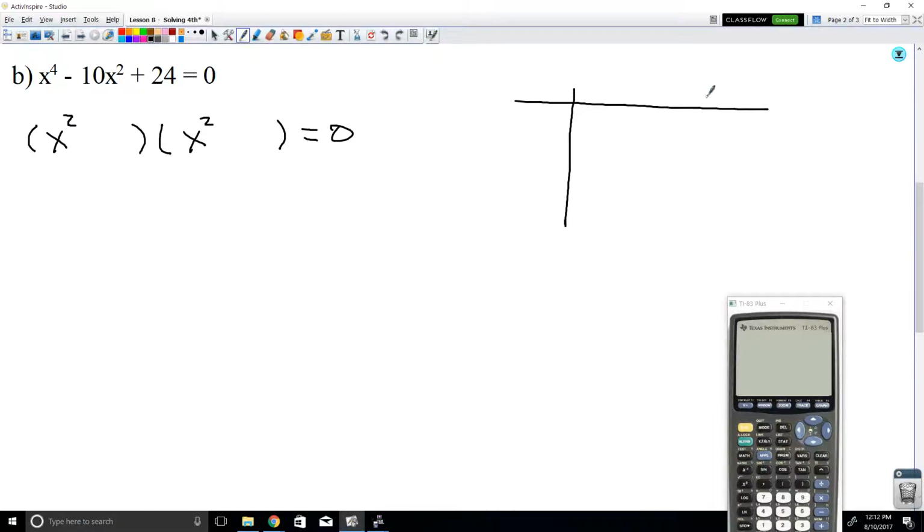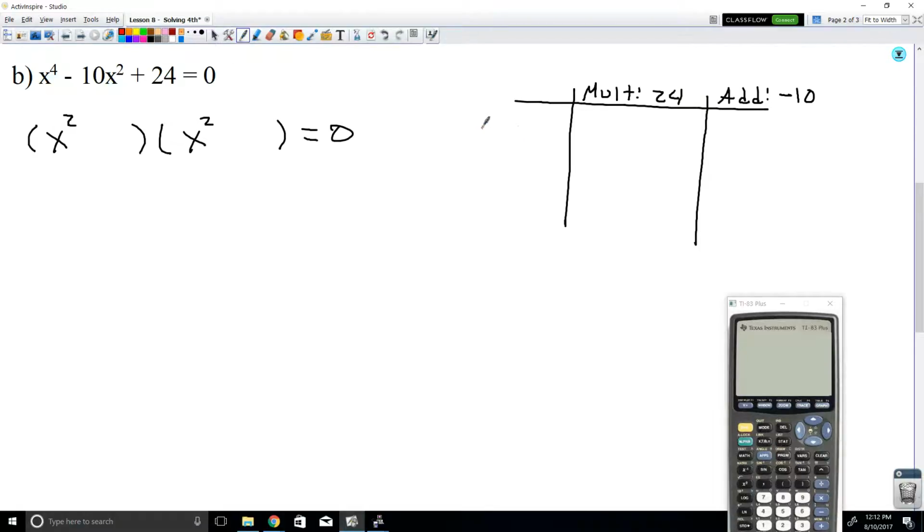We're going to be looking for two numbers that if you multiply, in this case, give you 24, and if you add them up, in this case, give you -10.